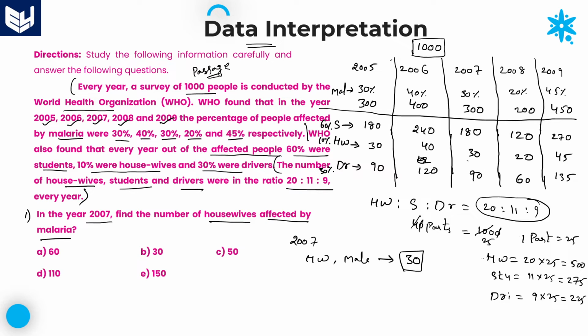Number of housewives who are affected by malaria in the year 2007 is 30. Look at the options. Option B is the right answer for this question.